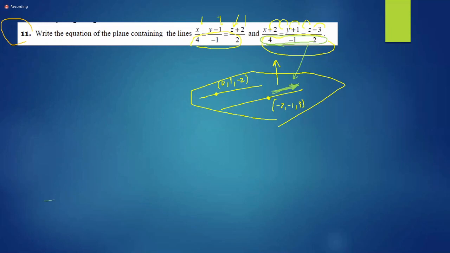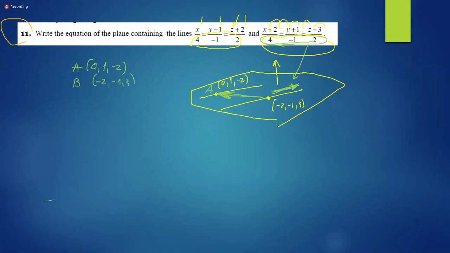To get the normal vector, we need, remember, the vector product. So perhaps we should take another vector in that plane. It doesn't matter which way it goes, but between these 2 points. So we have point A on one line, 0, 1, minus 2. We have the point B on the other line, minus 2, minus 1, 3.